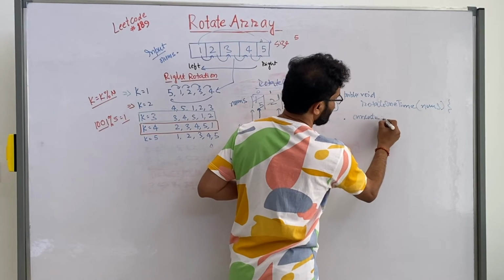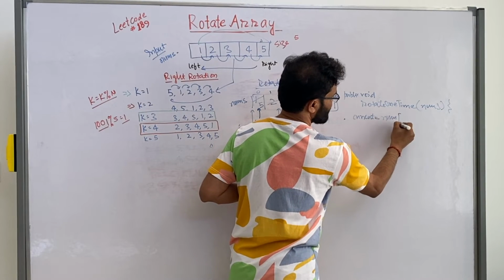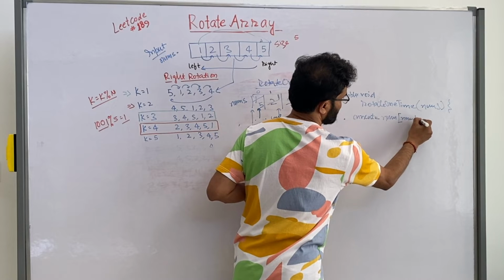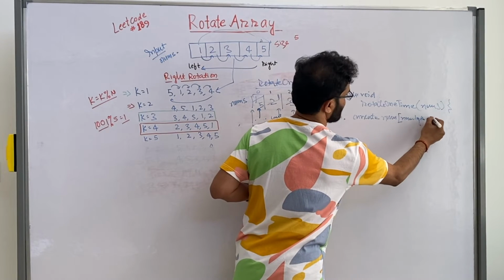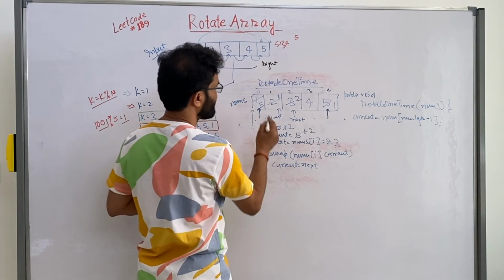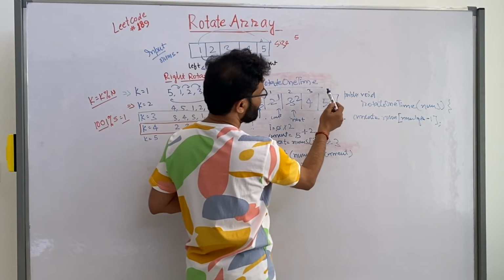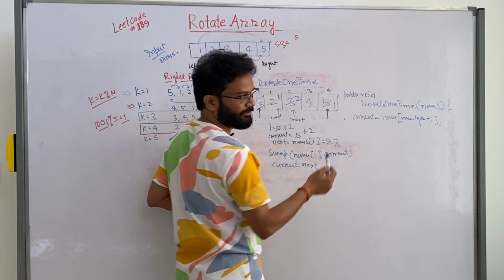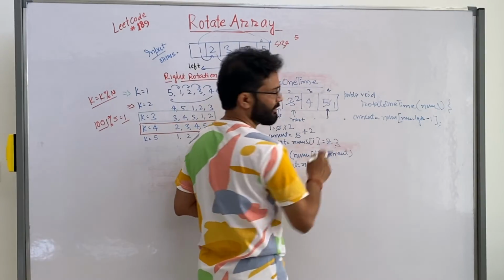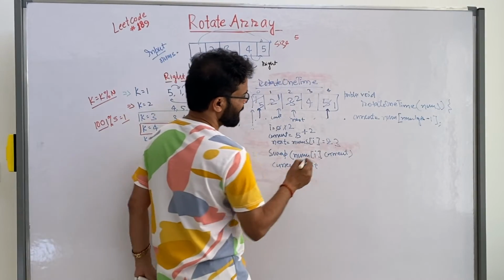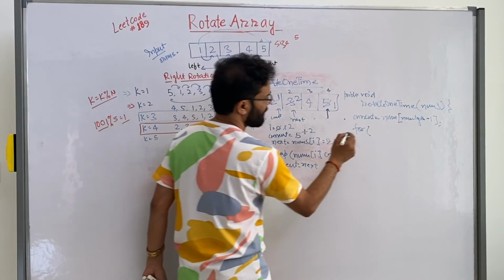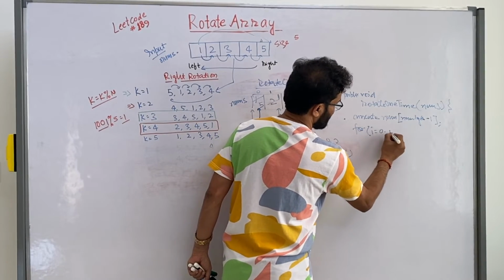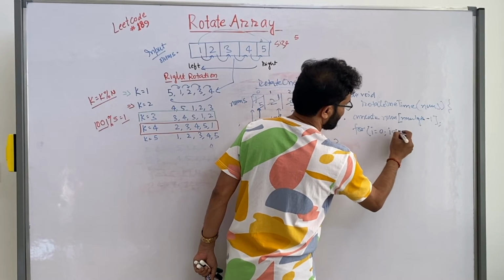What is that number? nums.length minus 1. So if you say length is 5, 5 minus 1 is 4, nums[4] is the 5. So in the current, the 5 will become, right? And now you do the for loop that will start from 0, so i is equal to 0, let it go the complete nums length.